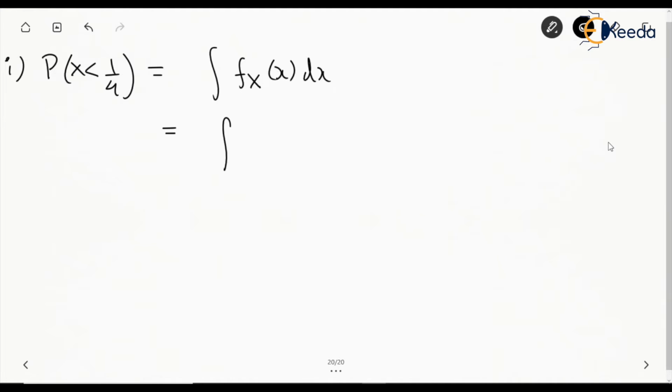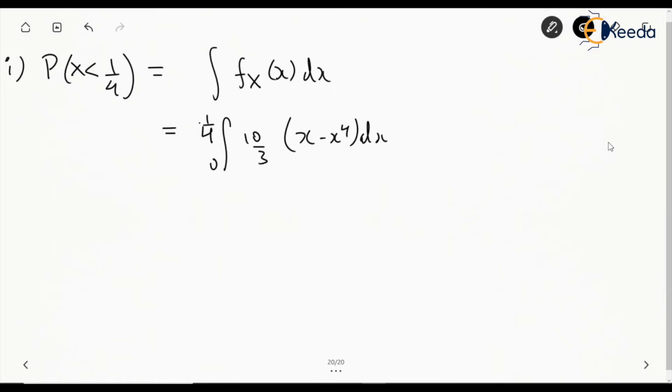So this is the integration from 0 to 1 by 4 of 10 by 3 (x minus x to the power 4) dx. This is a very simple single variable integration which you can do.